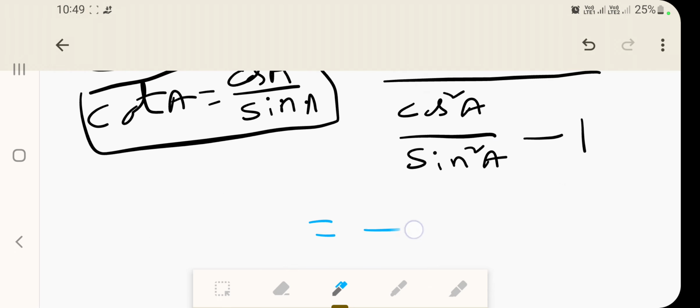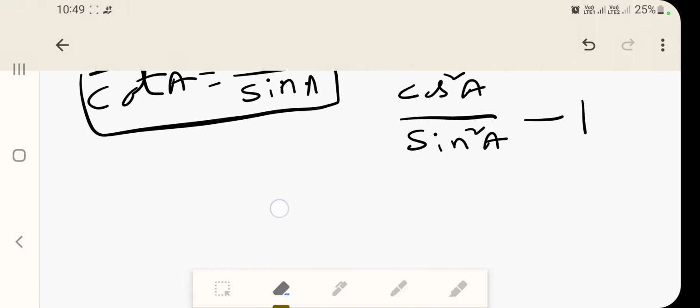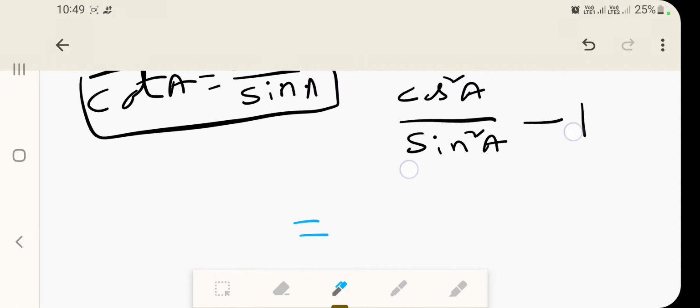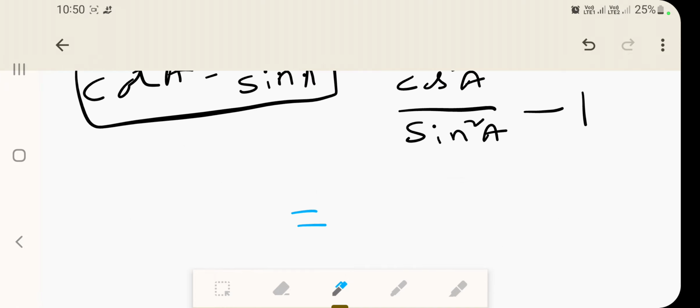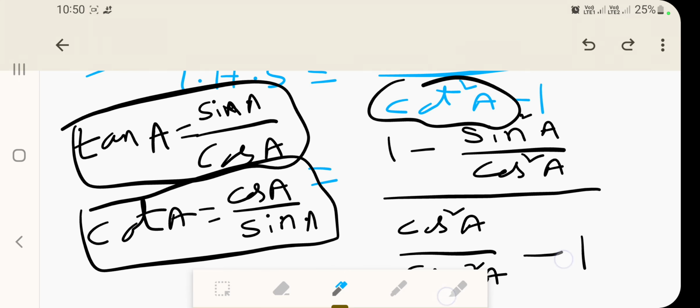There is a little gap you have to keep, because in the numerator we have a numerator and denominator again, and in the denominator also. So first we write the numerator: cos square A is the LCM here, and here we have 1 by 1, it is 1 only.